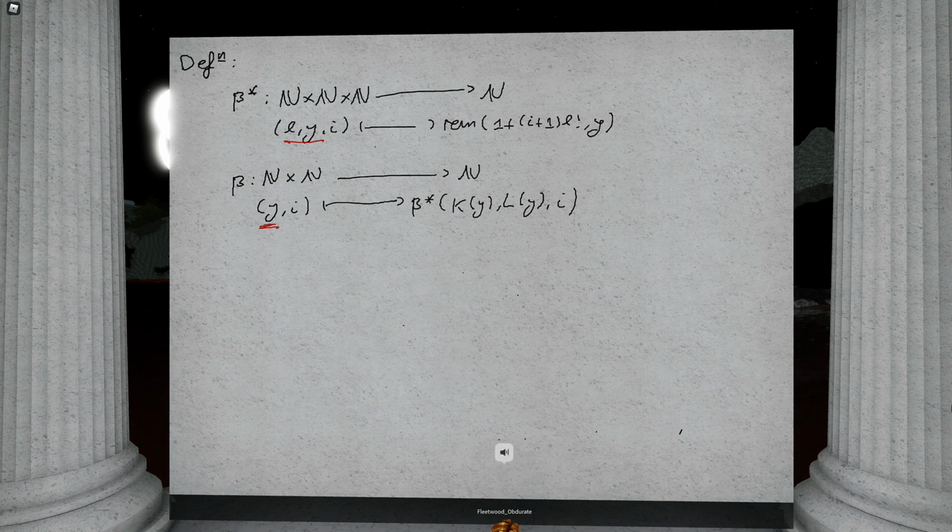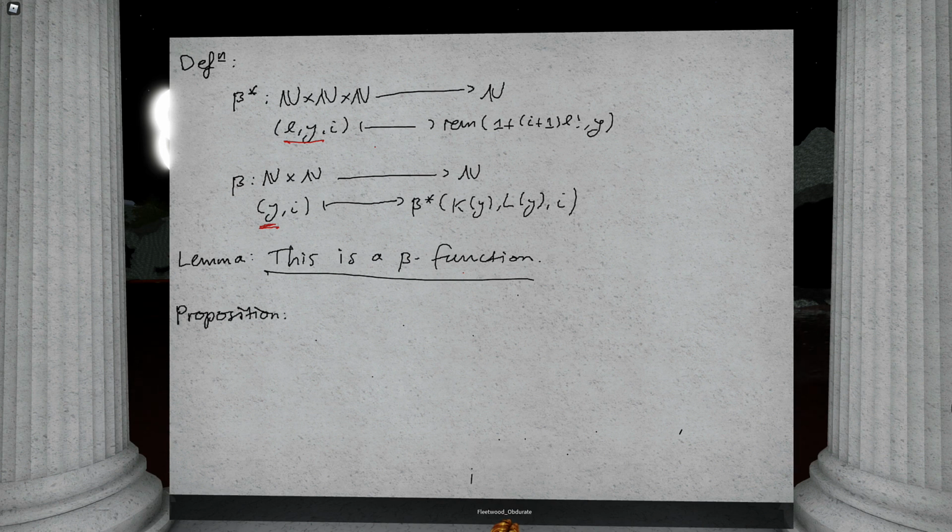Okay, and then the lemma, well, I want to save time, so I'm just going to say this is a beta function. And I think it's clear from what I've said as to why. And so now what I can prove is the main proposition which I wanted to prove, which is that this is sufficient in order to simulate primitive recursion.